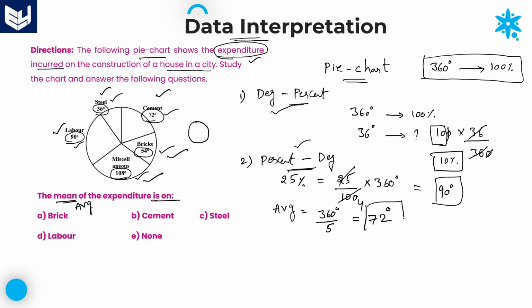So 72 degrees. Here the average expenditure is 72 degrees, and that 72 degrees is nothing but cement. Cement is the right answer, Option B.